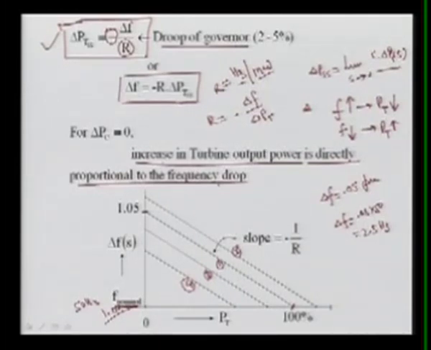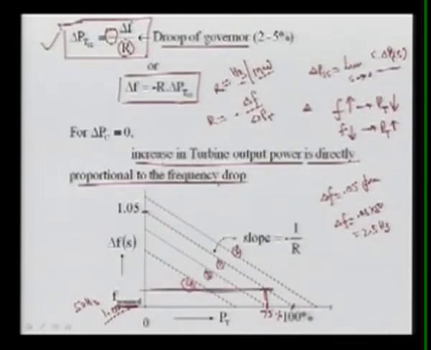Now suppose you are controlling your frequency for 75% of the loading. If you are reducing the load, how much frequency increase will you get? You can see this is the frequency increase.